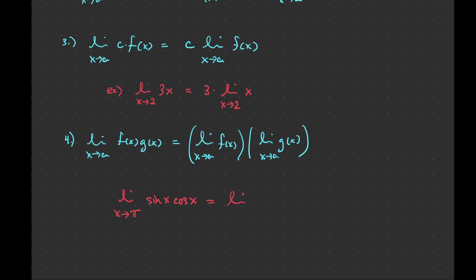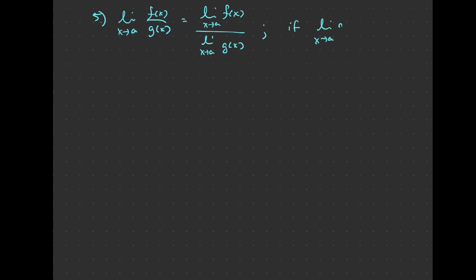This is really the limit as x approaches pi of sine x times the limit as x approaches pi of cos x. Okay, so whatever product you have within there, you can split it into the product of the limits.